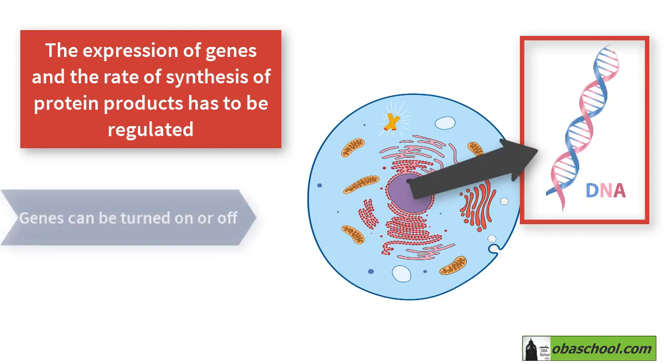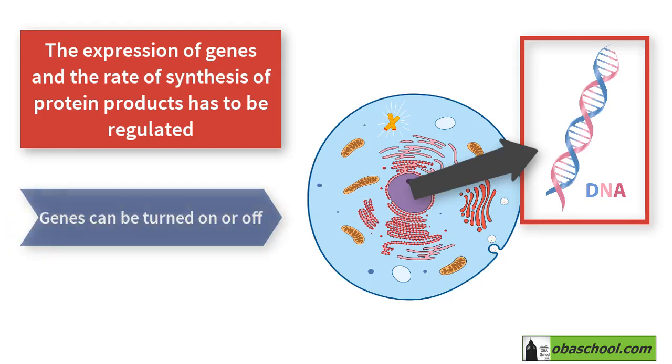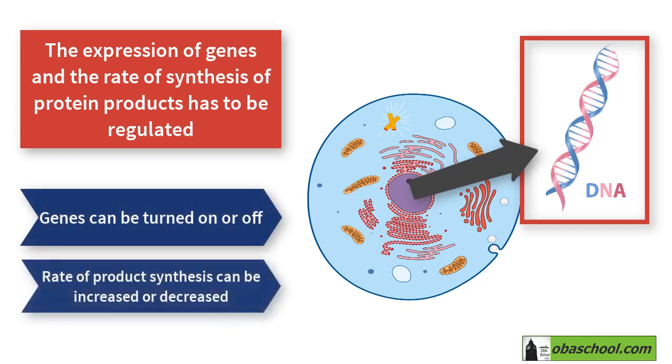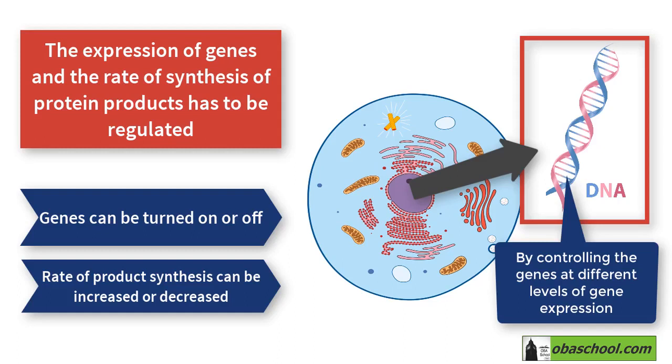Genes can be turned on or off, and the rate of product synthesis can be increased or decreased depending on the demand of the body. This happens by controlling the genes at different levels of gene expression.